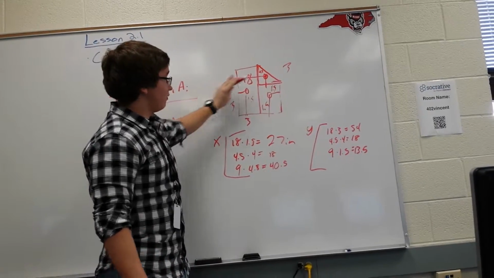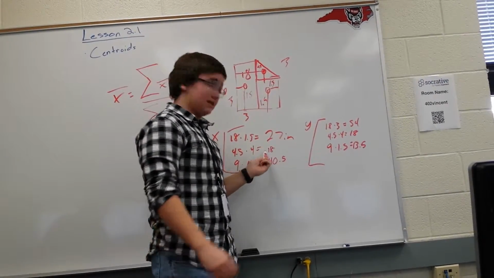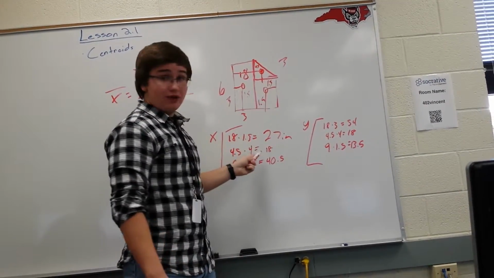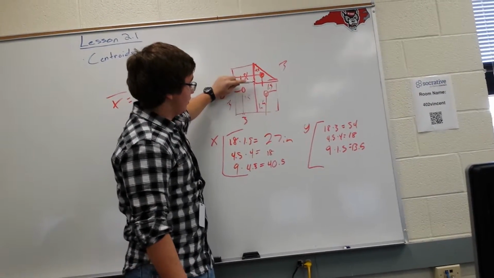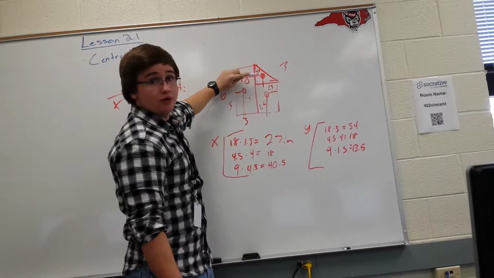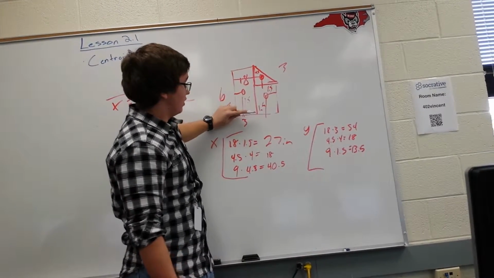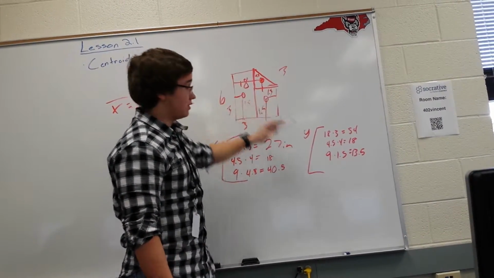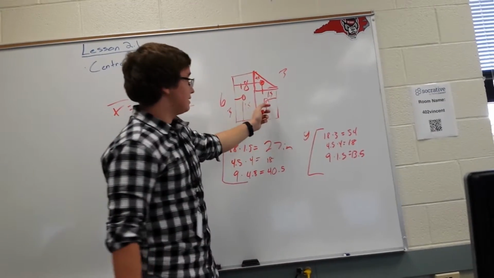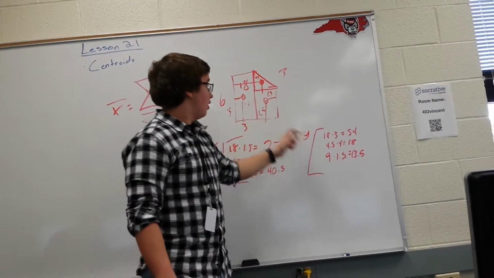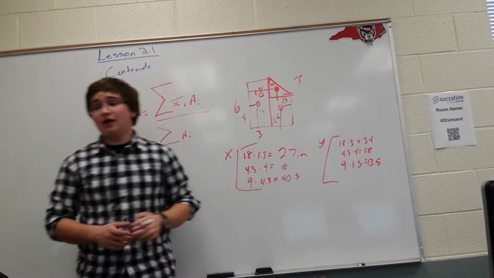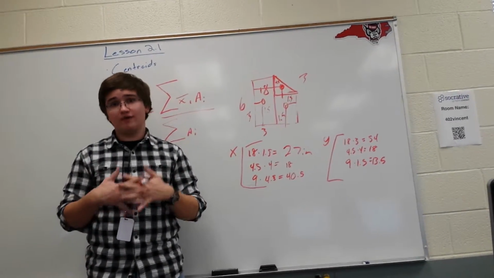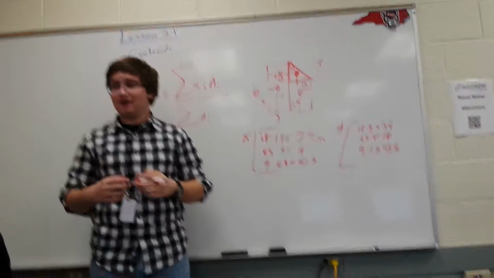And since it's 4 away from the axis, that equals 18, right? 18 for the x. In this direction, it's 4 away. And then up, it's 3 plus 1, so 4. So it's also 4. So this is 4.5 times 4, which is 18. Finally, it's 9 times 1.5 upwards, so that's 13.5.